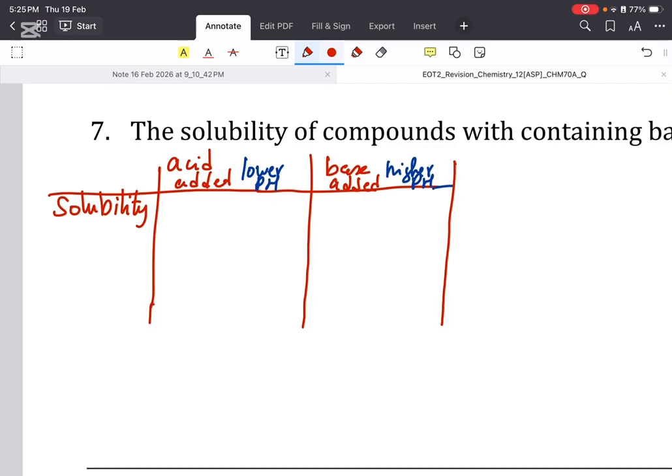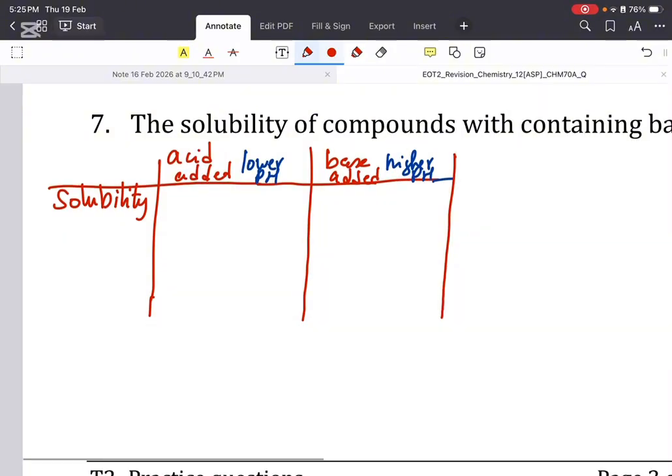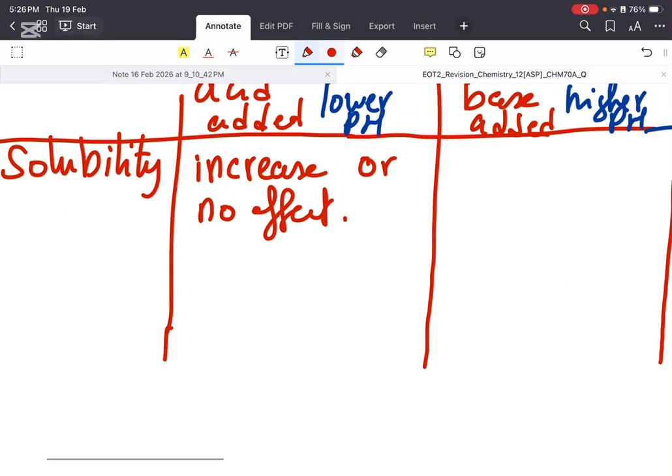Usually in acidic medium, the solubility, you're gonna say either increase or does not change. So solubility increase or no effect. Now, when does it increase? So I'm gonna write it here.